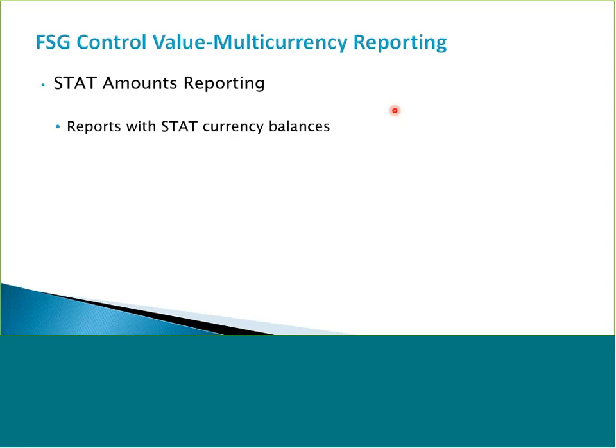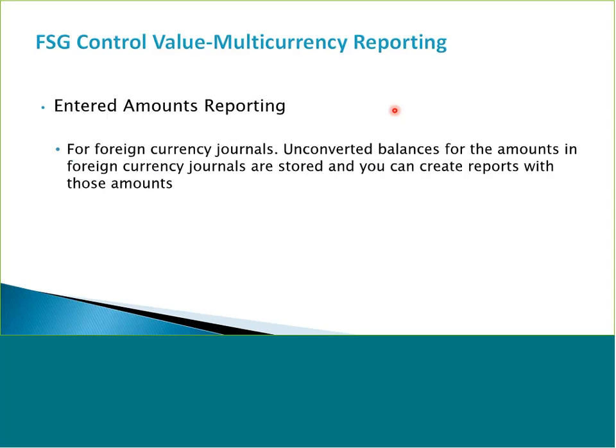The process is the same for all the other kinds of currency amounts. In terms of how we use the control value, all you need to do is tell Oracle that this is entered amounts and this is translated amounts, okay?